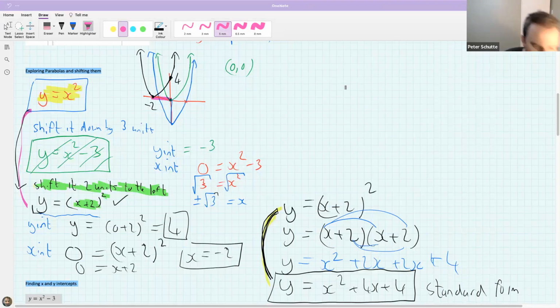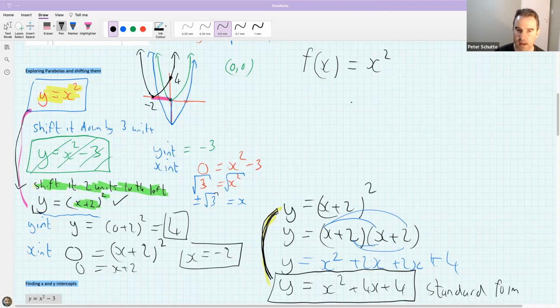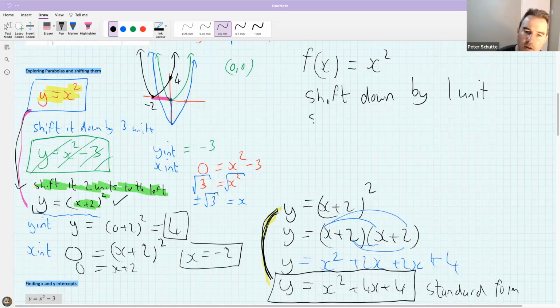Okay, last thing before we go to the break. We're starting out life with f of x equals x squared. But I want to do 2 shifts. I want to shift down by 1 unit, and I want to shift right by 2 units.